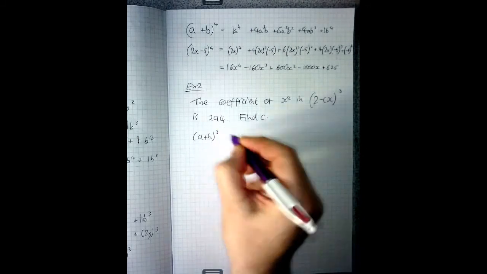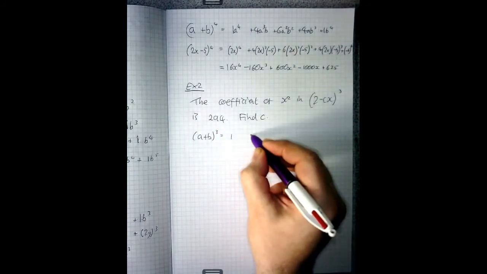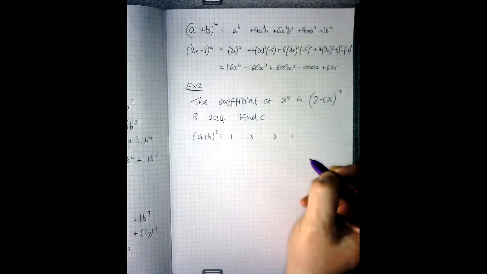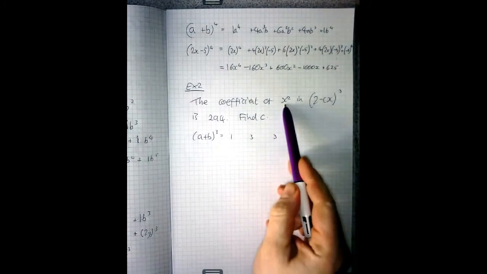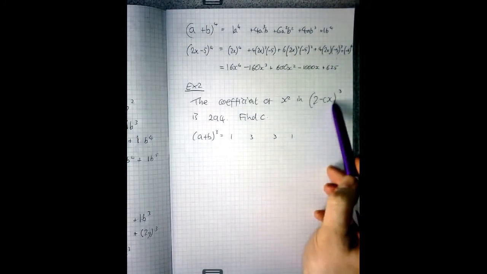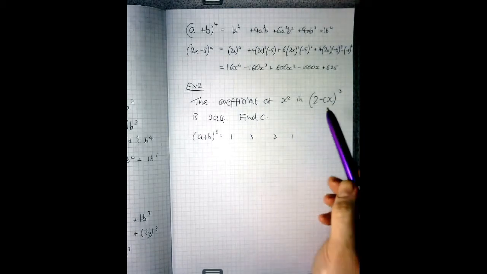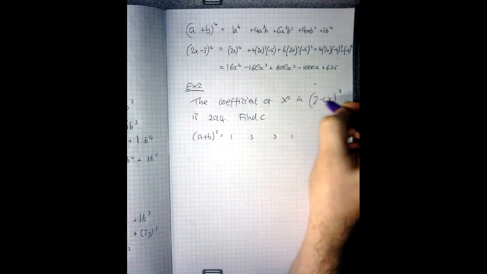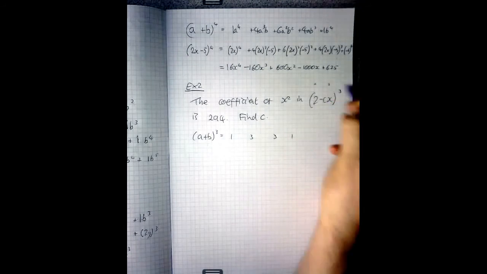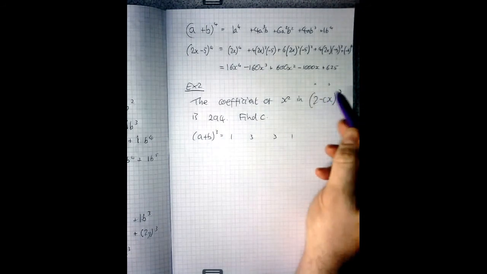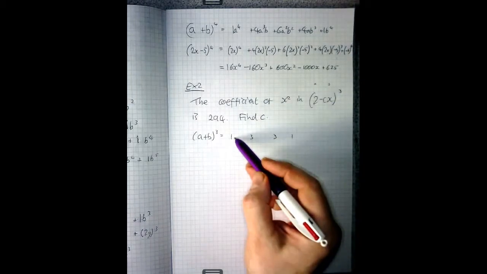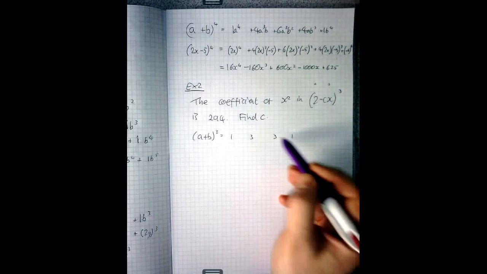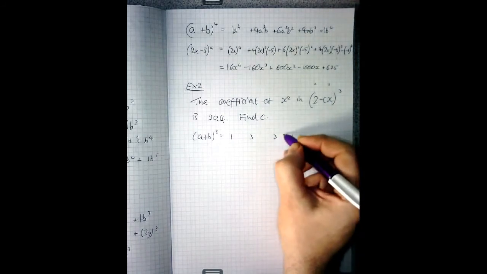Now I know that my cubic expansion is 1, 3, 3, 1. I want the x² term, the term for which my cx would be squared. That's the dog shaking you can hear. So if I think about my 2 being my a and my −cx being my b, I want the term that has b². Well, this will be b⁰, b¹, b². It will be this one, won't it? So it will be b².